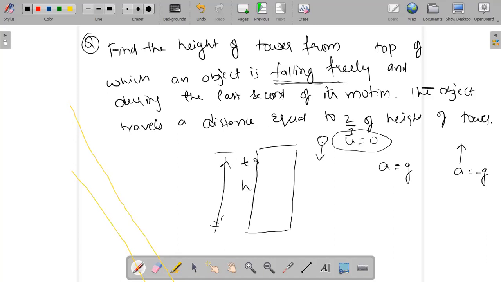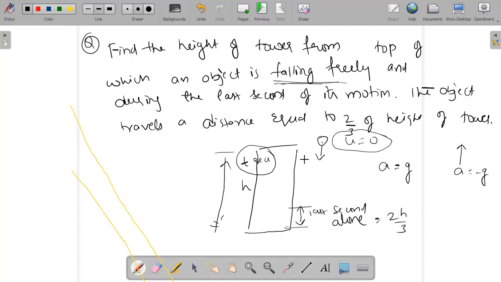Out of this t seconds, for example say 20, in the 20th second, the last second alone, it travels a distance of 2h by 3.